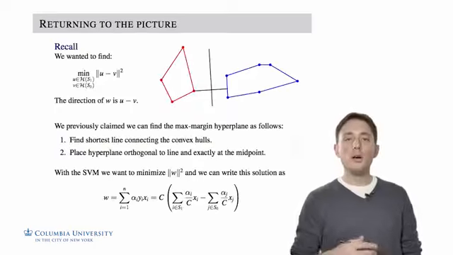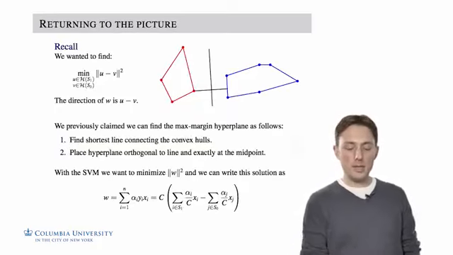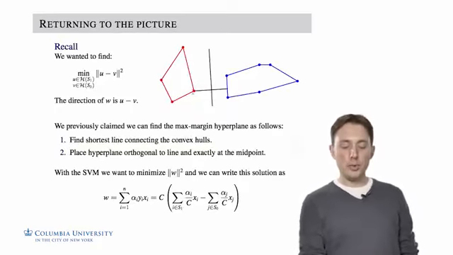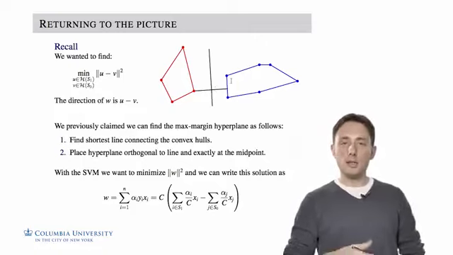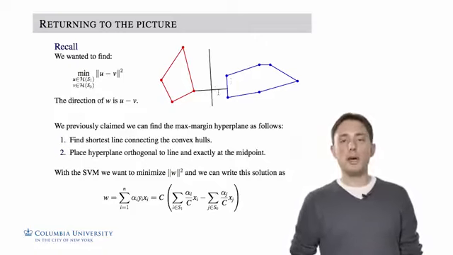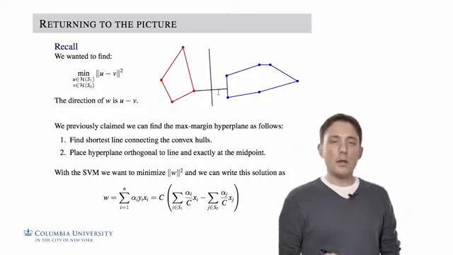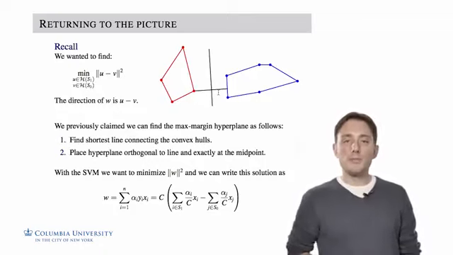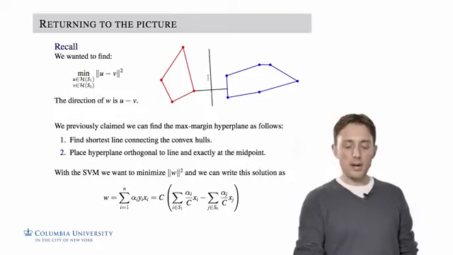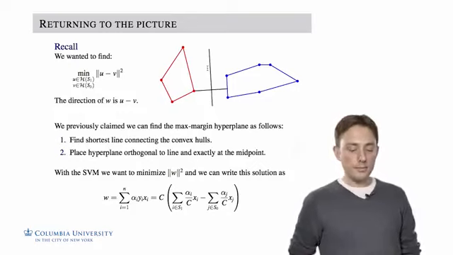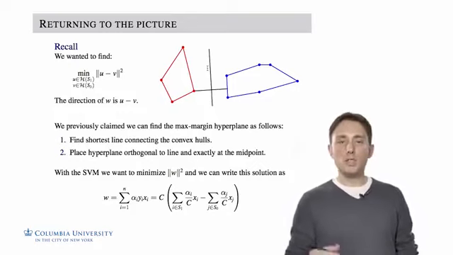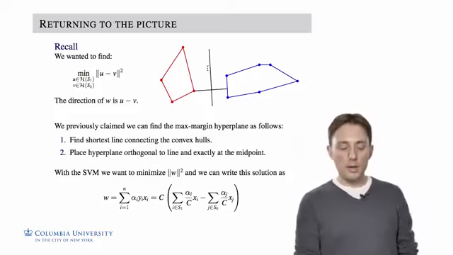Okay, so let's return to the picture now and see if we could find 2 points, 1 point in each of the convex hulls, such that we minimize the distance between the convex hulls. Then what does the direction of the classifier defined by this hyperplane look like? So we've already discussed the geometry of the problem.